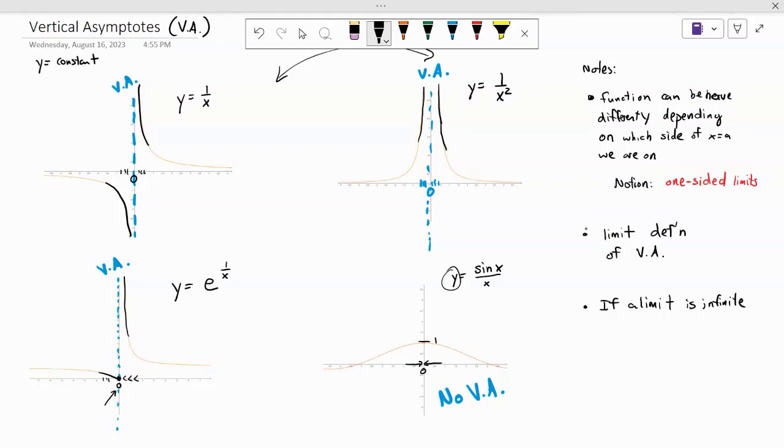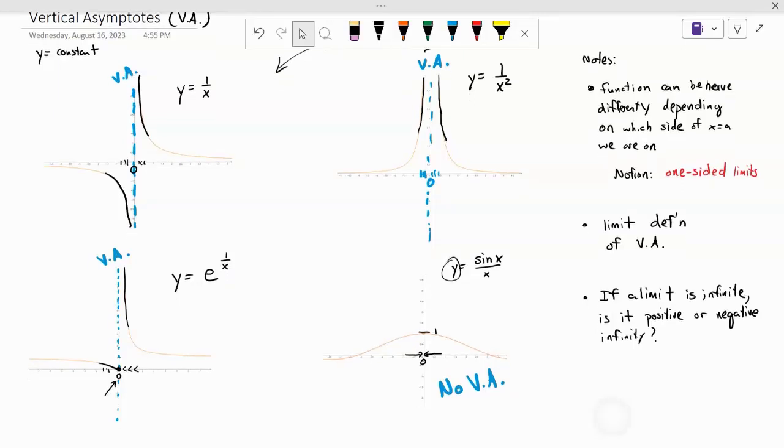So you're going to have to develop skills that allow you to do sign analysis, essentially, to figure out whether a limit is plus or minus infinity. That's another question we'll have to answer. So that was just some motivating graphs for the issues at hand.